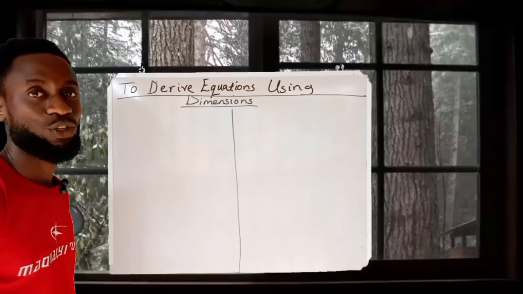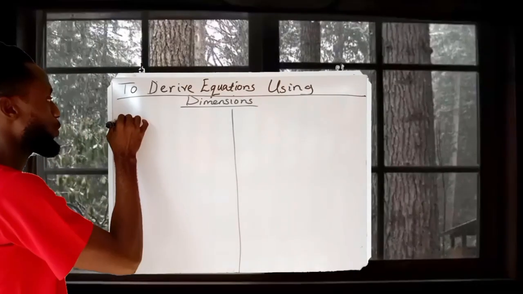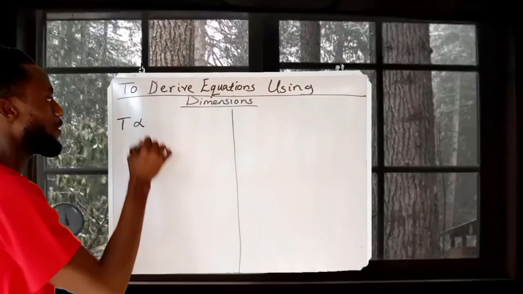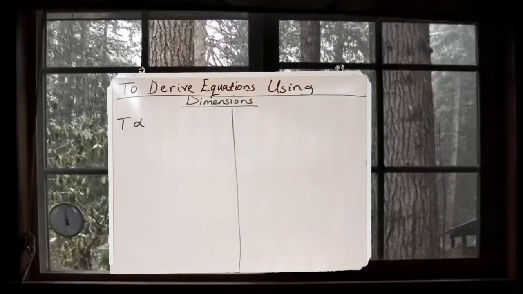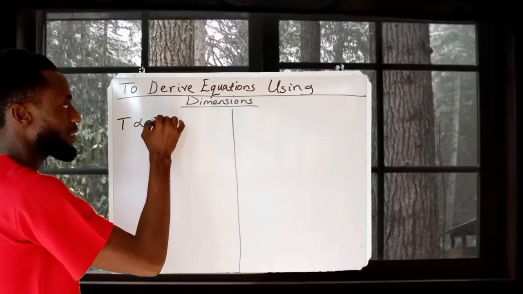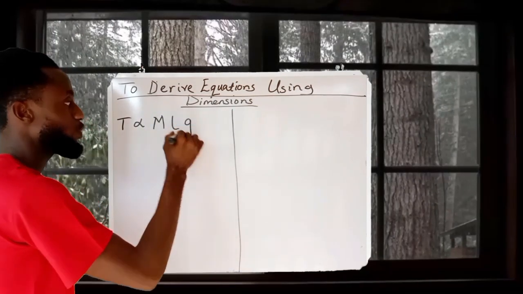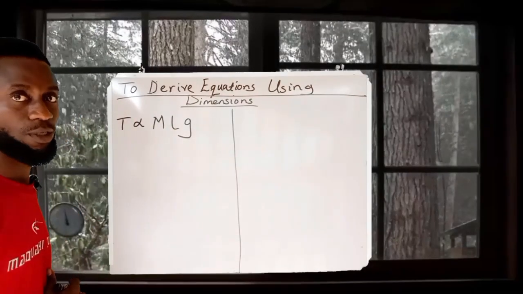Carefully reading the question on your screen, we were told that the period of oscillation may depend on a few parameters which they mentioned: mass, length, and acceleration due to gravity. Good.